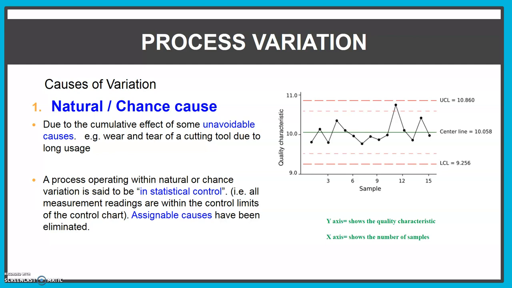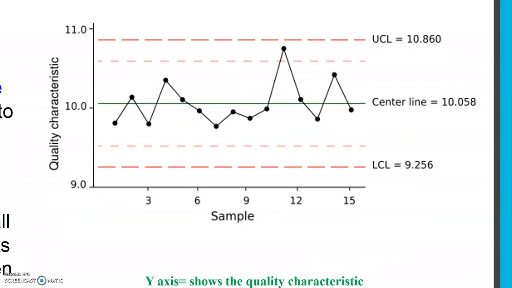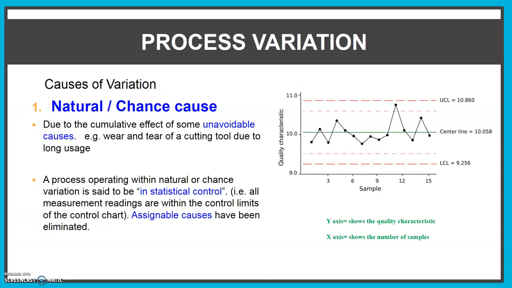This is a natural cause, so you cannot avoid this. But you will notice that if it is a natural cause from 4M and 1E, your control chart will be stable like that. Although this is the highest, it is still within your control limit.